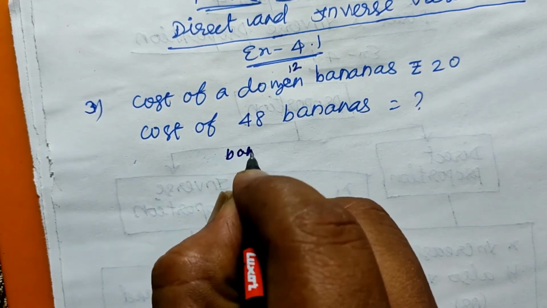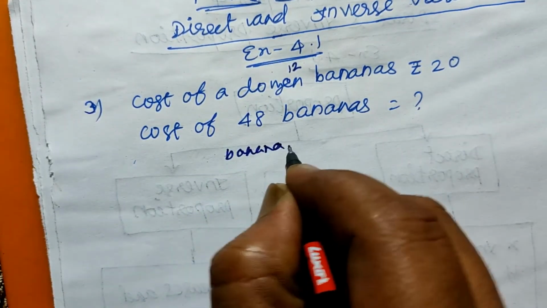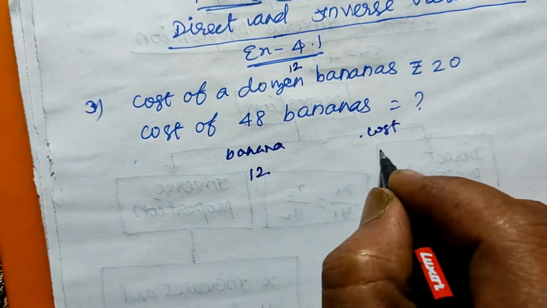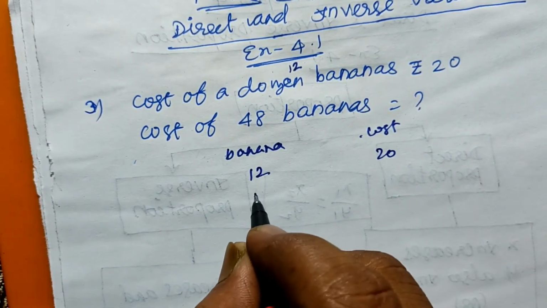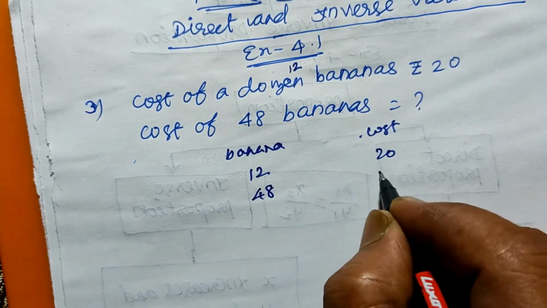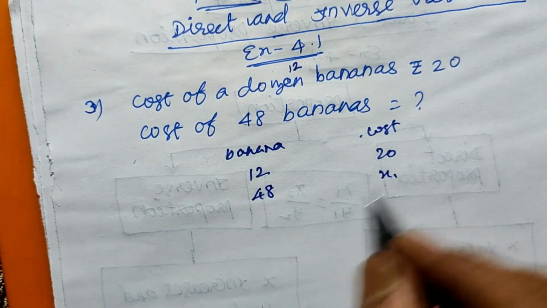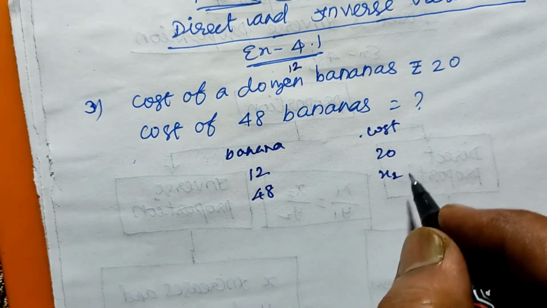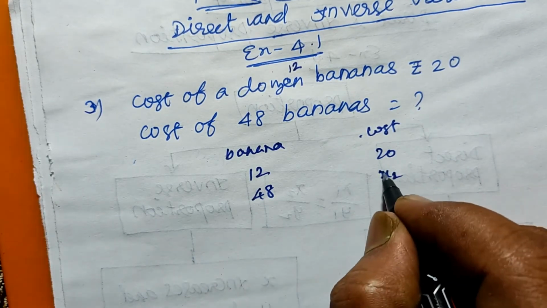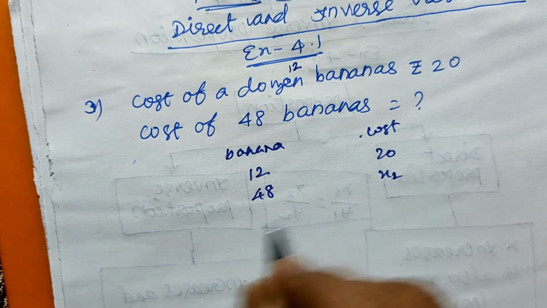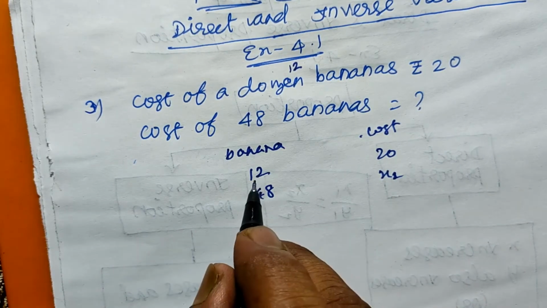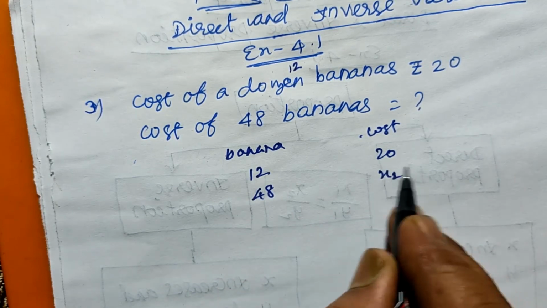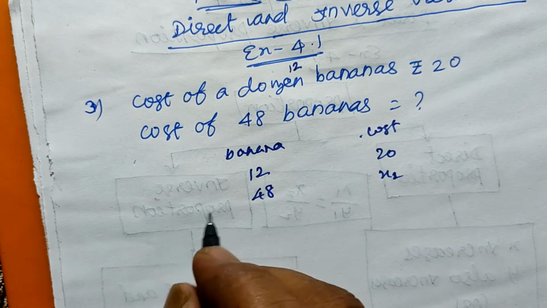Then the cost of 12 bananas is 20 rupees, then 48 bananas x1, now x2, what is that? y2. What is the formula? Bananas increase, the cost price also increases, okay?